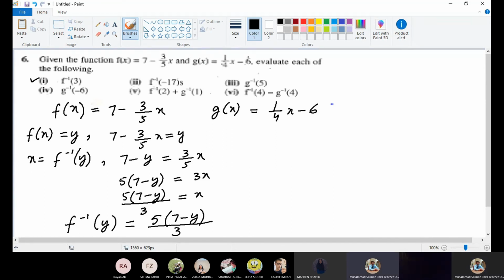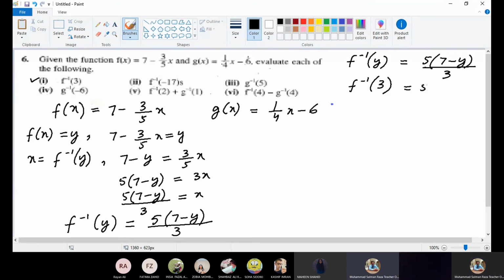And now, as it becomes the inverse of this function, I am going to put the value f inverse of 3. They have demanded f inverse of 3. So I am writing one more time over here, and now I'll replace every y with 3.